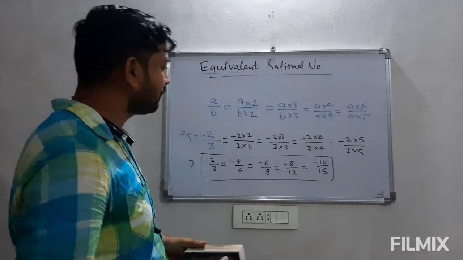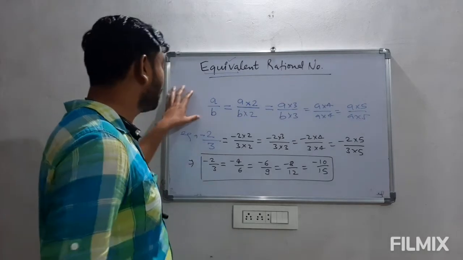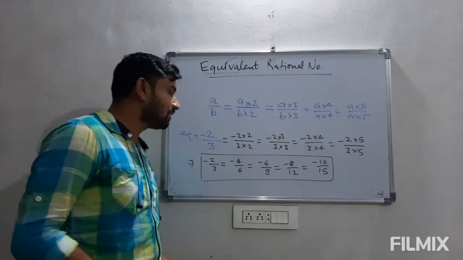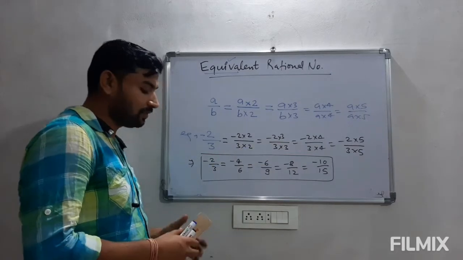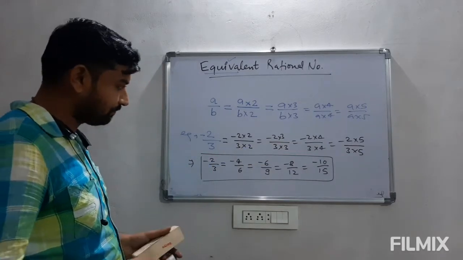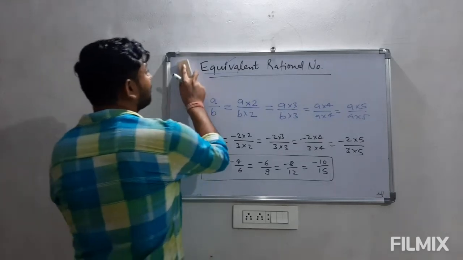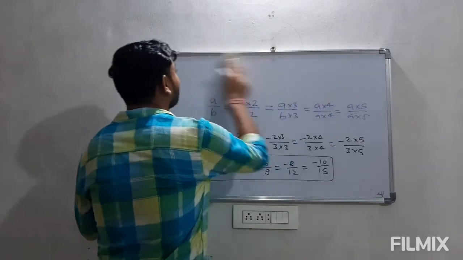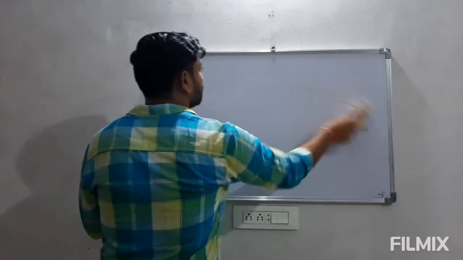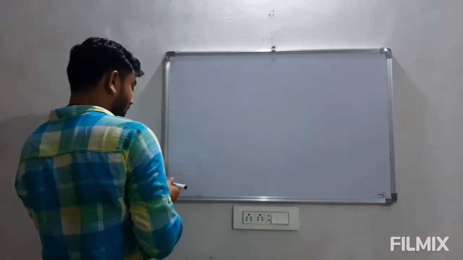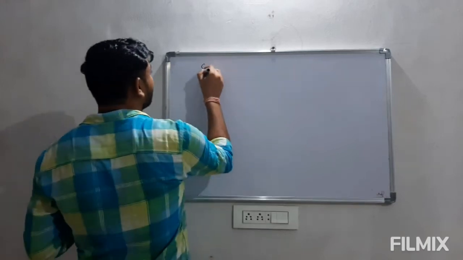So whenever this concept will be used, then we have to use this method for calculation of equivalent of a given rational number. Now let us come to the simplest form of a rational number. The next thing is simplest form.